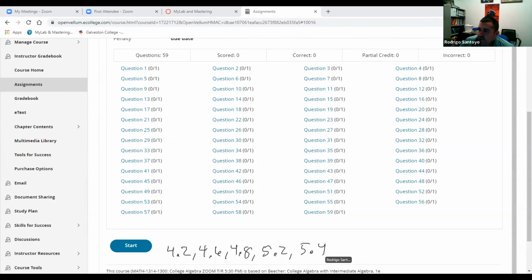If you look at these problems, for example, question number 1 is a 4.1 problem. Question number 2 is a 4.1. Question number 3 is a 4.1. Question number 4 is a 4.1. Then we have more 4.1s. All of a sudden, we have some 4.2s.